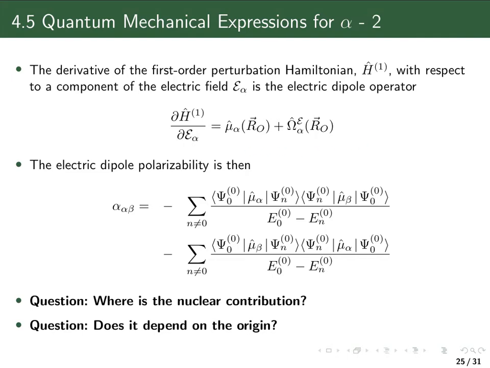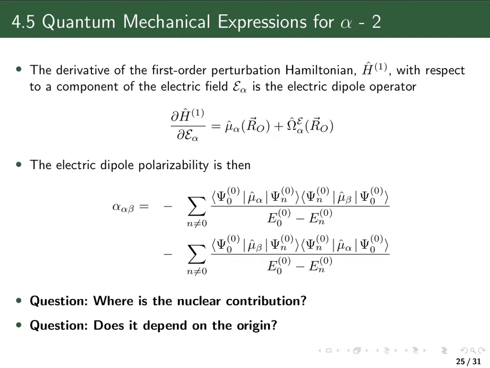We get the corresponding component of the electric dipole moment operator, the electronic one, and the nuclear contribution to that. So we can insert the derivative of the Hamiltonian into our sum over states expression. So we get for the alpha beta component of the polarizability, once the alpha component here, and here the beta component there, and vice versa.